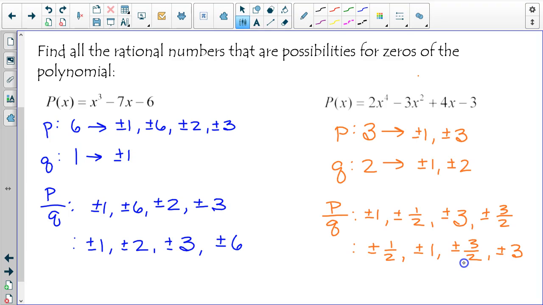I don't want to plug into the 4th power because we don't use calculators in here, right? So what you would do is put these in the box and just start trying these. So how would I know it's a zero if I'm doing synthetic division? Remainder of 0. Okay? You see where I'm leading you to?